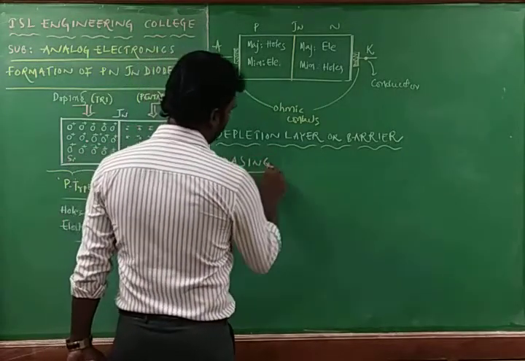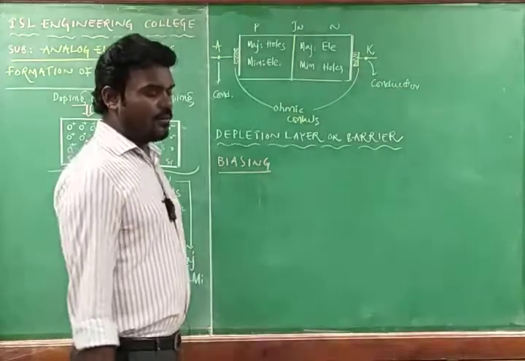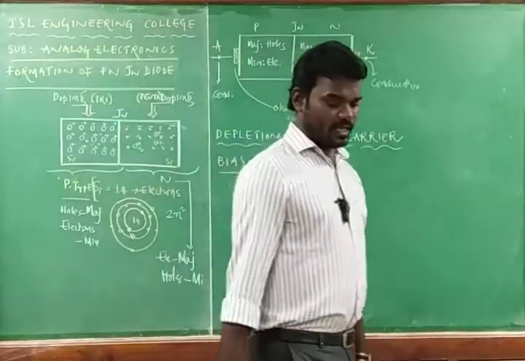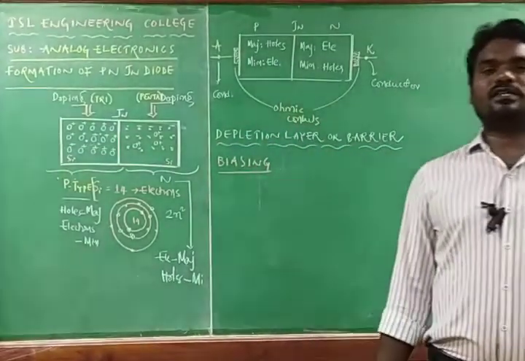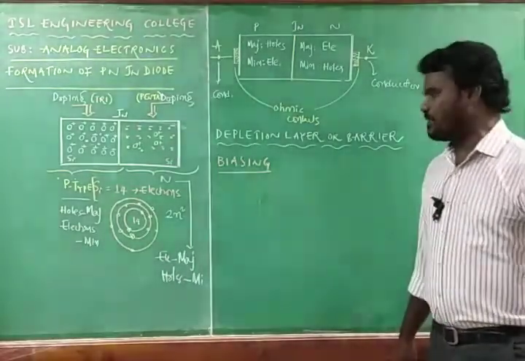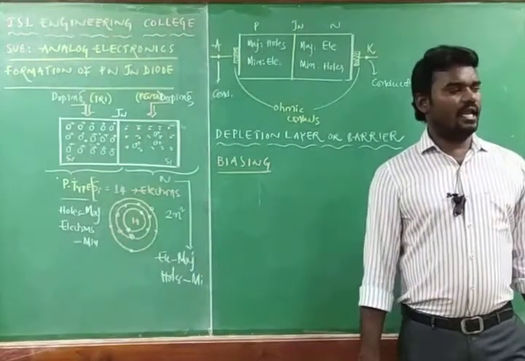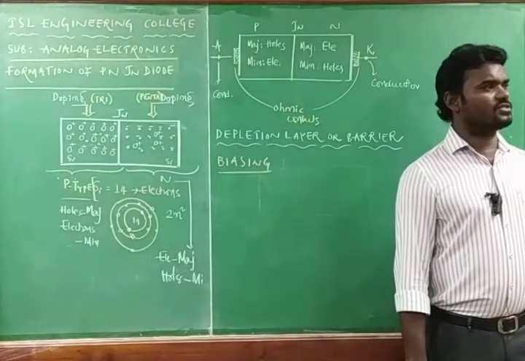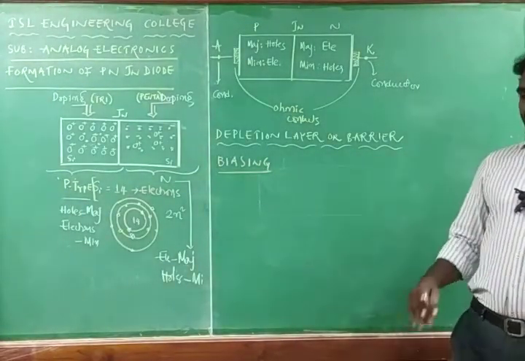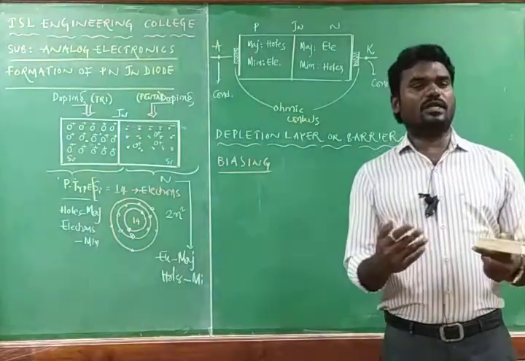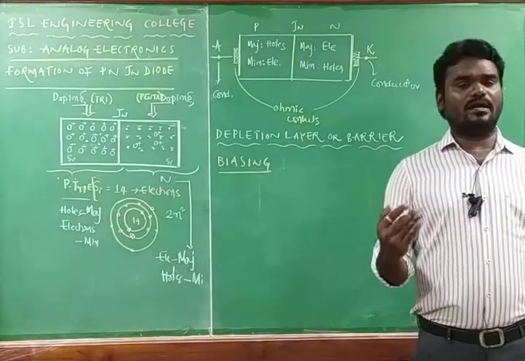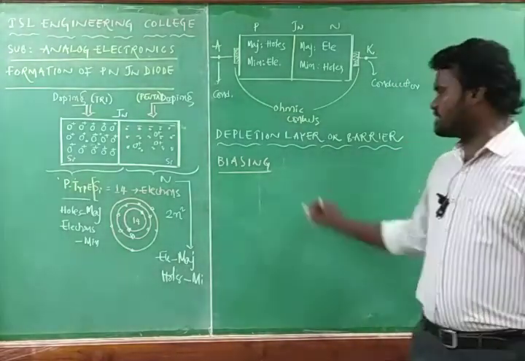Biasing of the PN junction diode. This is one more important thing we need to study in the case of complete electronic devices. Biasing is nothing but applying an external DC voltage to any electronic component or device. We are applying some external DC voltage to the electronic device, and that process is called biasing.